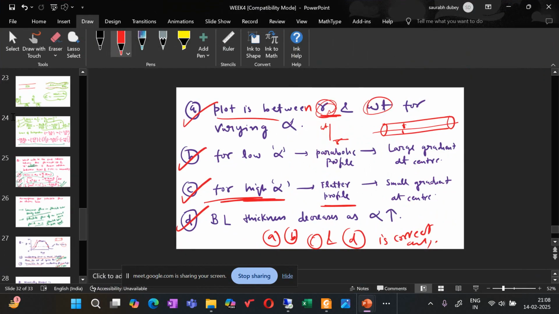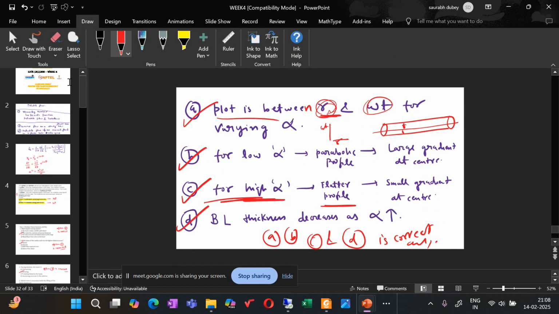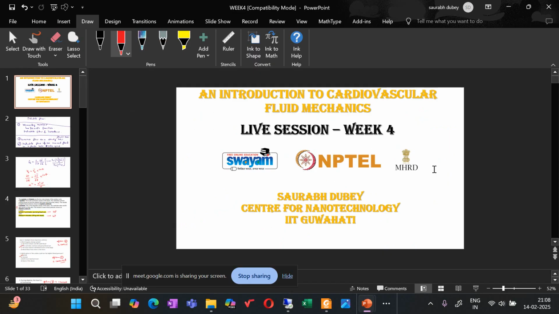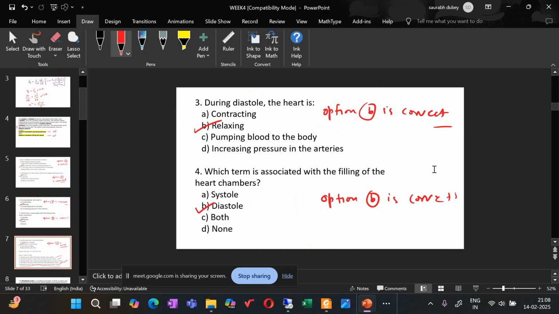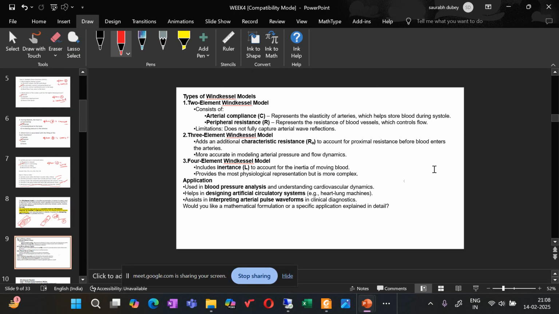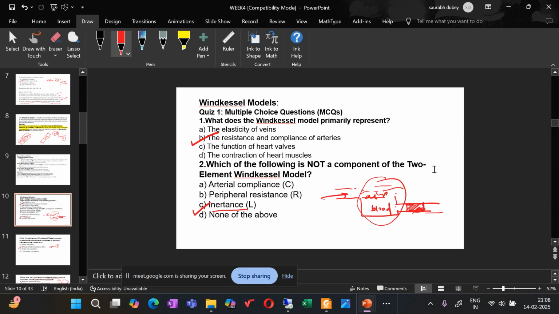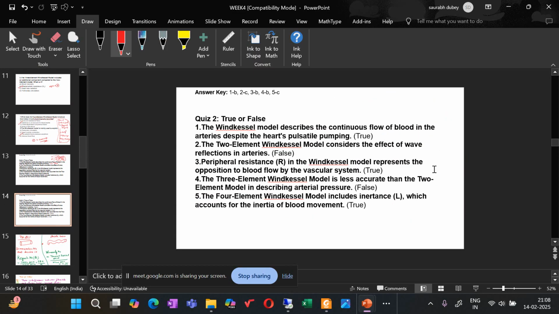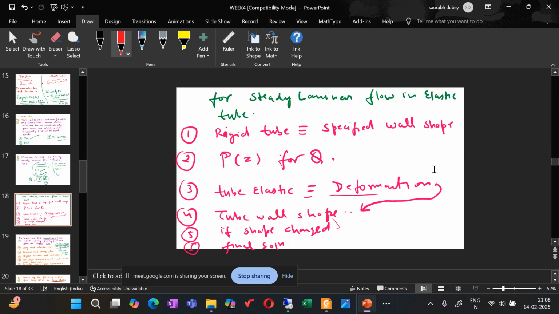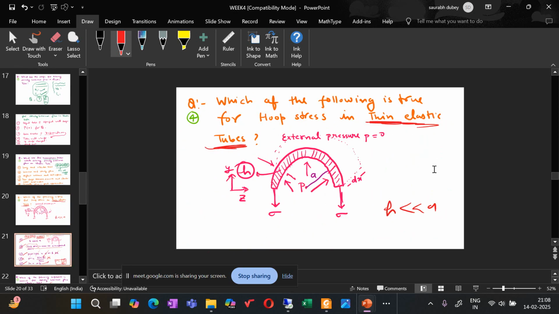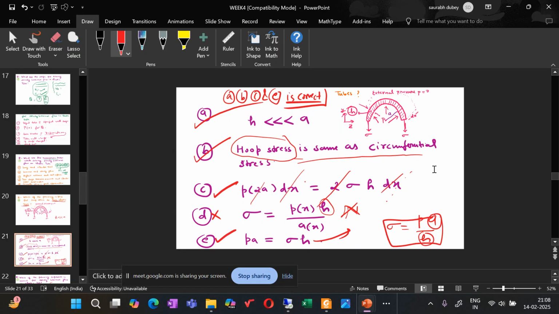In this one, from the beginning, we looked at the remaining part of the pulsatile flow, and there is something about systole and diastole. Later you looked at this Windkessel model, some problems on that. We solved some numerical problems or derivation-based problems related to the content of the week.